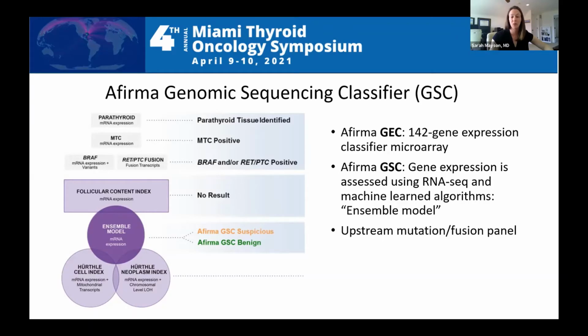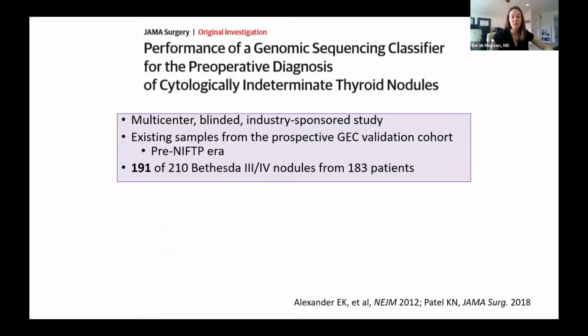The reported result for the Afirma GSC test is binary. Either a suspicious or positive result will be reported, or a benign or negative result. This is the industry-sponsored multi-center blinded clinical validation study for the Afirma GSC test that was published in 2018 by Patel and colleagues.